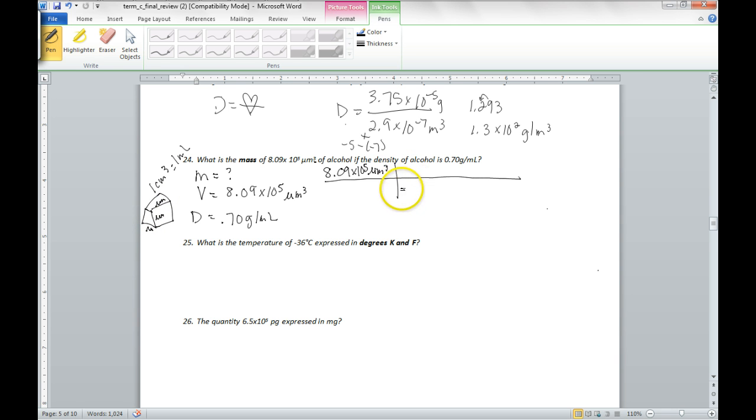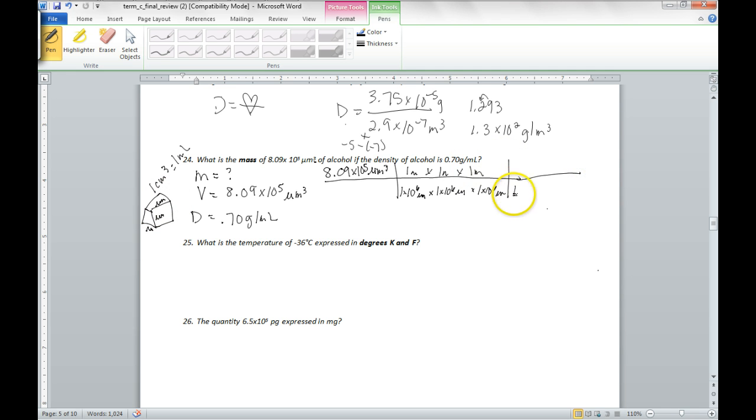So I know that there is 1 times 10 to the 6th micrometers times 1 times 10 to the 6th micrometers times 1 times 10 to the 6th micrometers in 1 meter times 1 meter times 1 meter, because we're doing it 3 different times for this.